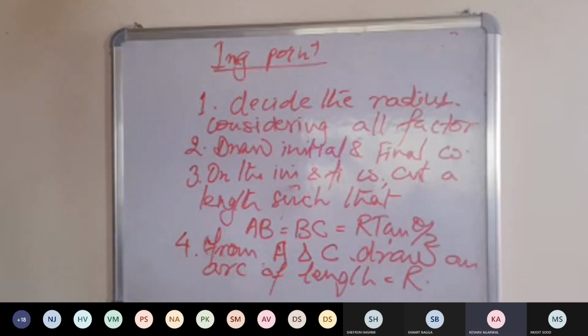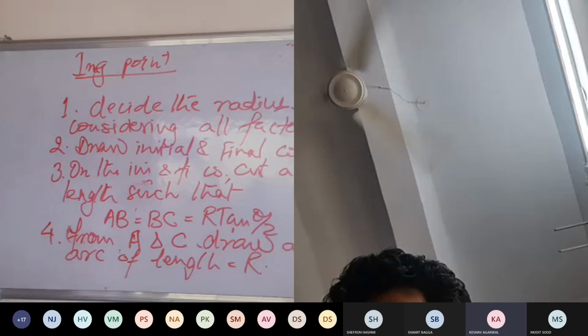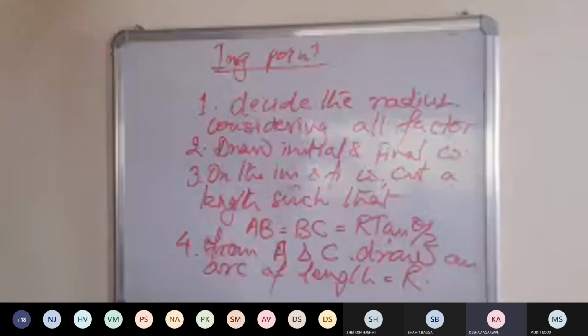So second point, draw the initial AB and final course BC and the alteration being in theta degrees. Okay. On AB and BC, cut a distance of r tan theta by 2 such that PB is equal to BQ is equal to r tan theta by 2. Okay. You are able to imagine what we are doing?